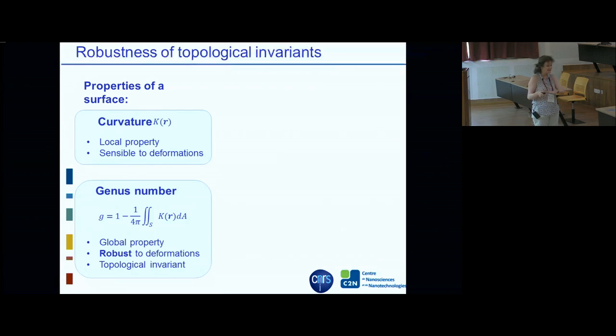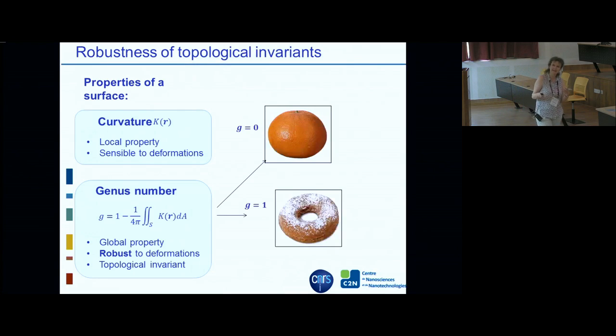You have different classes of surfaces depending on their genus number. There is no way you can transform one surface into a surface which has a different genus number just by deformation. For example, this is an orange, and you can show that its genus number is equal to 0, and you can transform this into a pineapple or into a plate or into whatever.